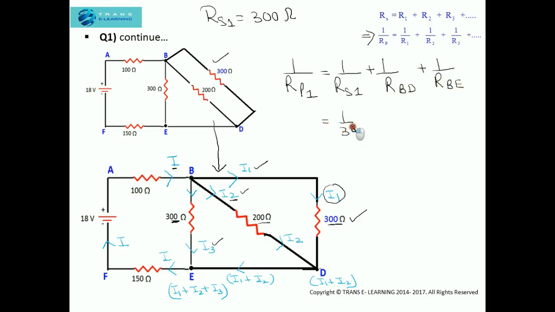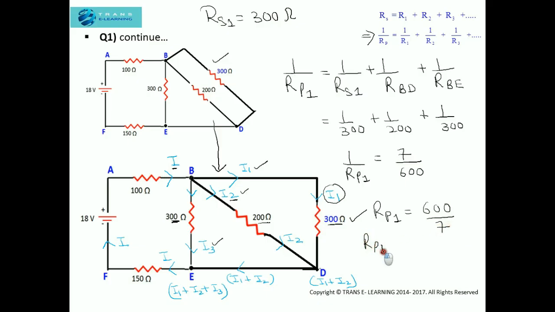This is 1 upon 300, this is 1 upon 200, and this is 1 upon 300 again. So the value will come out to be 7 upon 600 for 1 upon Rp1. Taking the reciprocal, Rp1 will come out to be 600 upon 7, which is 85.71 ohm. On rounding off, we will get the value as 86 ohm.